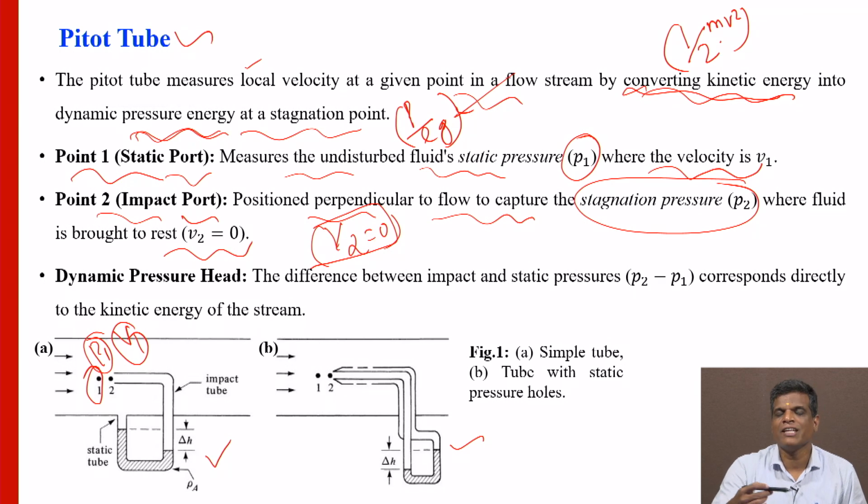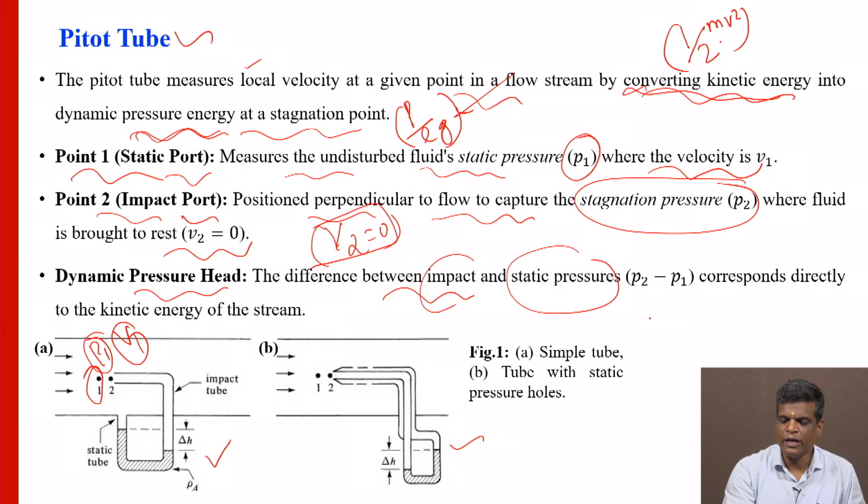If somebody asks what the dynamic pressure head is, the dynamic pressure head is the difference between the impact and static pressure. P2 is the impact pressure and P1 is the static pressure. The difference P2 minus P1 corresponds to the kinetic energy of the stream.